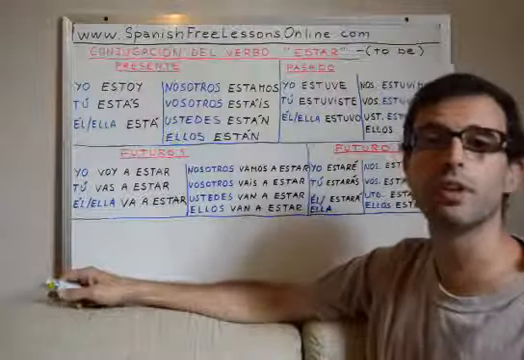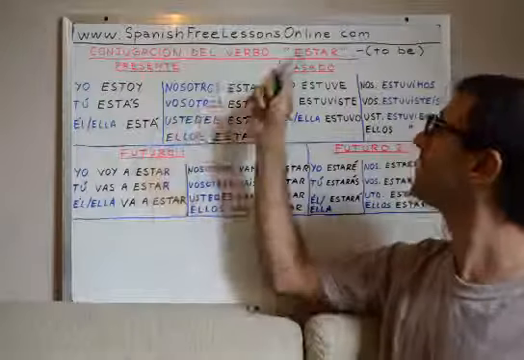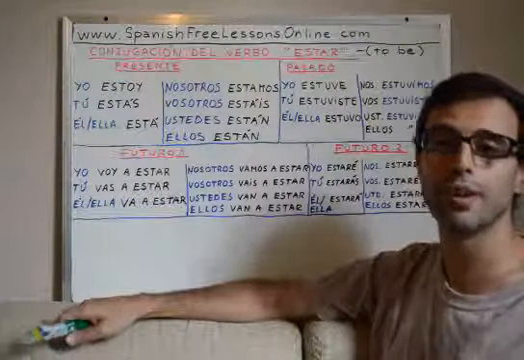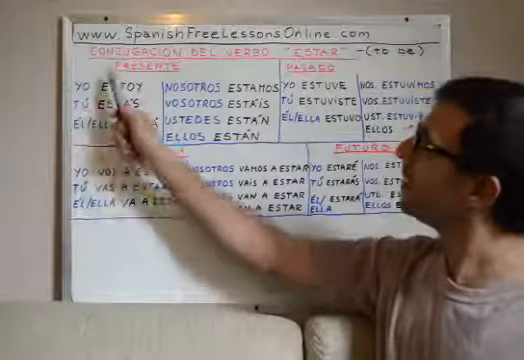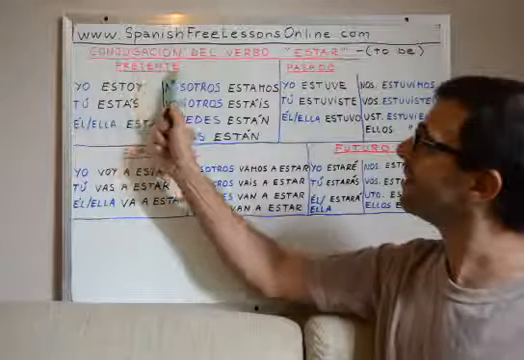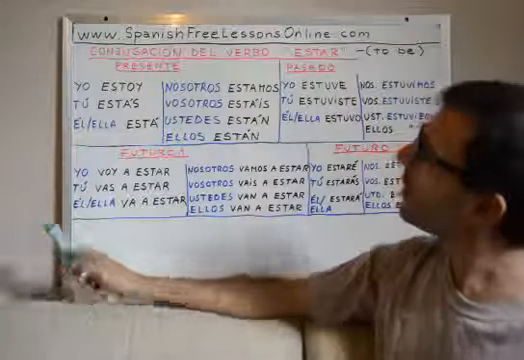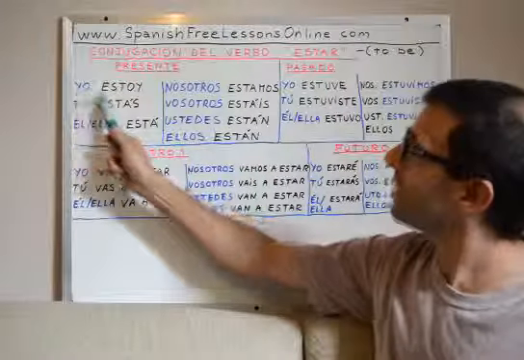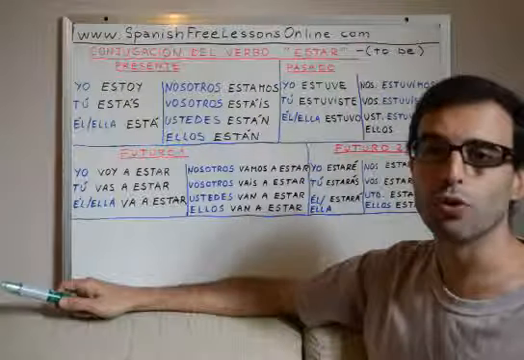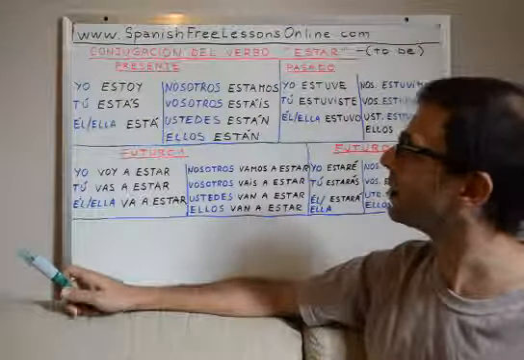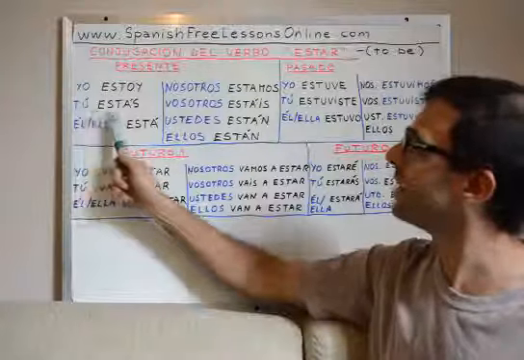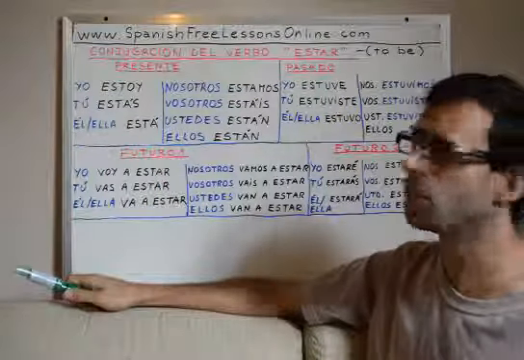So let's begin with the conjugation of verb estar in present tense, okay? In tiempo presente. Presente is present. Yo estoy. Yo estoy means I am. Tú estás, for you are.